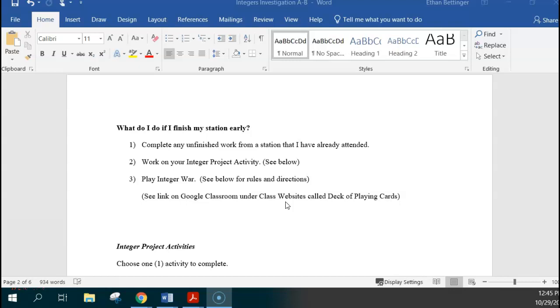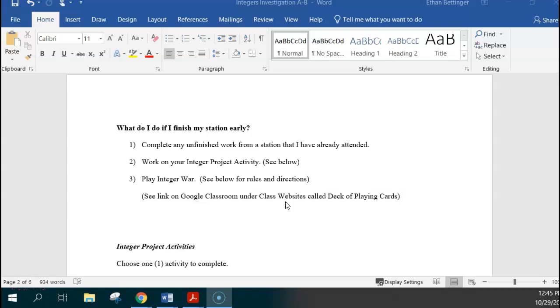All right, so you are going to have 5 different stations. It's not on the paper you have. I have the 5 stations over here. Okay, I'll explain what you're doing in each station here in a minute. But whenever you are done with a station, you'll have around 10 to 12 minutes per station. If you finish the station, first thing you'll do is complete unfinished work from a station that you have already attended.